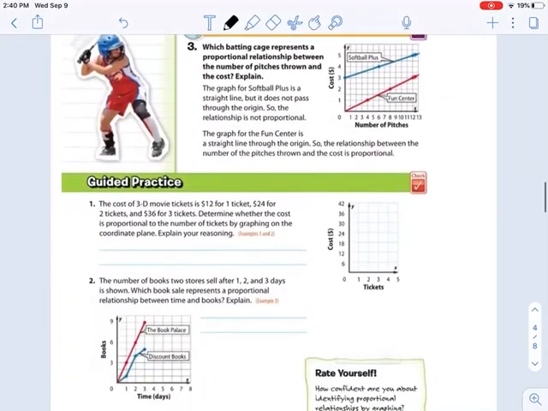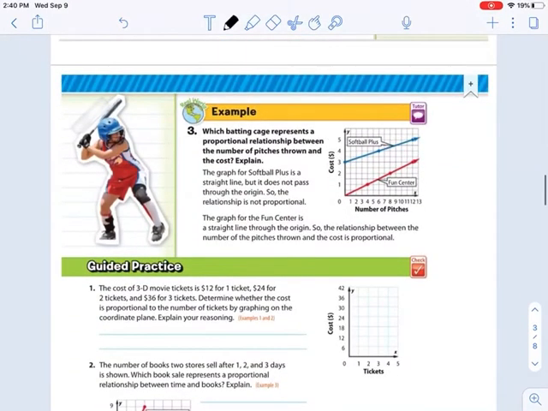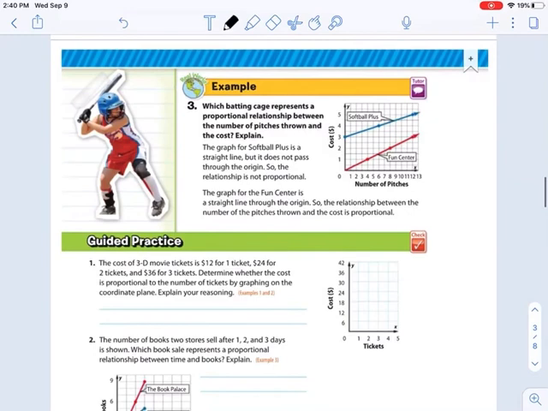Okay, next turn the page to page 48, and we're going to look at number 3. So on number 3, they give us 2 different graphs, and we need to determine which one is proportional. So softball plus is not proportional because it doesn't go through the origin.